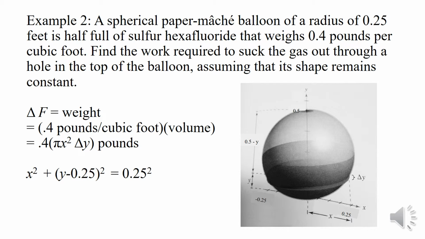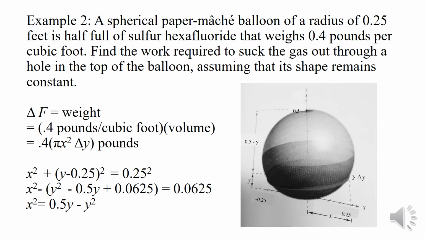We put in 0.25 for k and 0.25 for r, which gives us x squared plus y minus 0.25 squared equals 0.25 squared. We expand and end up getting x squared equals 0.5y minus y squared.